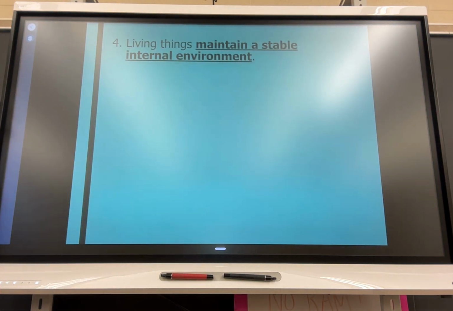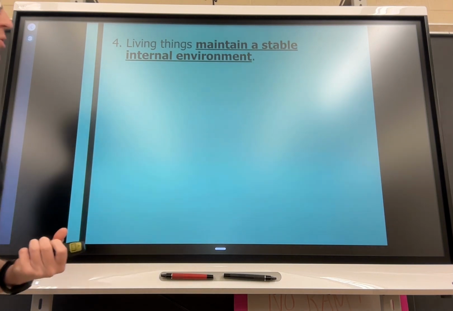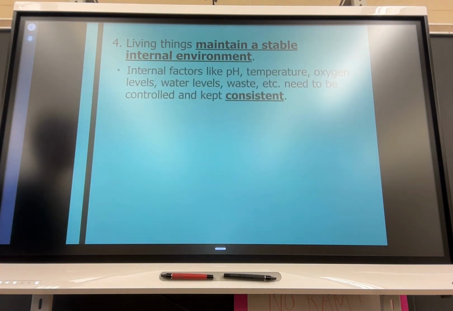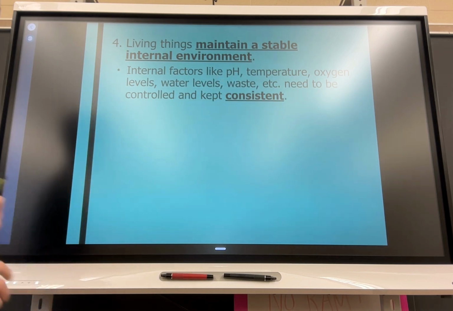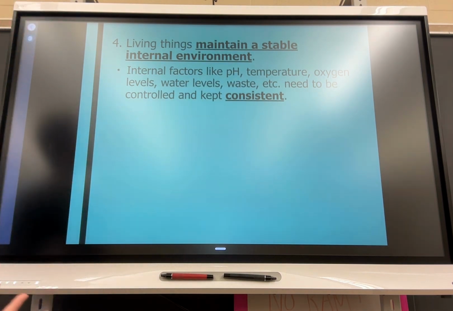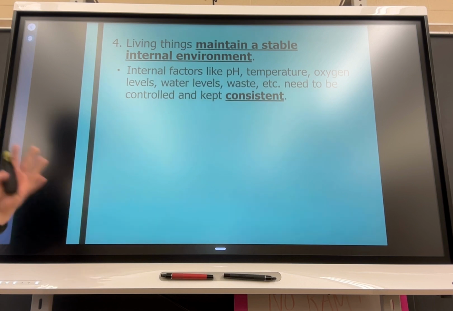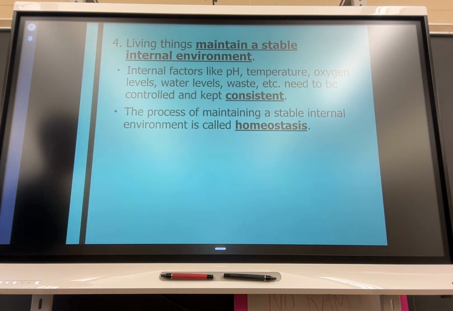Characteristic number 4, all living things maintain a stable internal environment. So all of the different factors in your body, so temperature, pH, oxygen levels, water levels, waste, that sort of thing, need to be controlled so that we can maintain ourselves and keep ourselves consistently going. And we call this homeostasis.